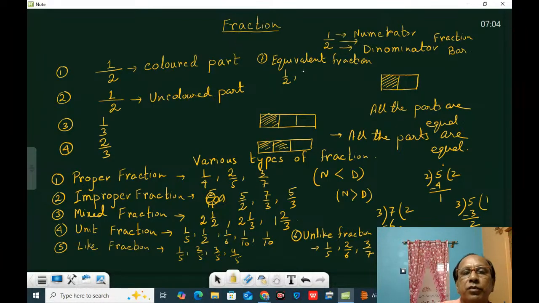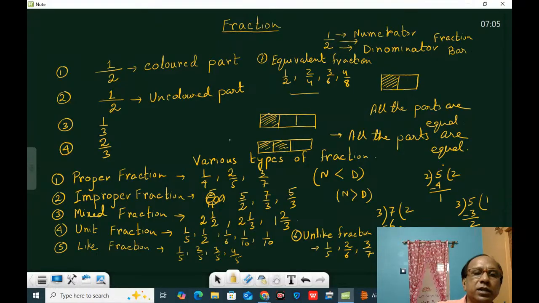Suppose I multiply by 2, we get 2 by 4, or multiply by 3, we get 3 by 6, or by 4, we get 4 by 8. These are equivalent fractions, because if I simplify them, we get the value 1 by 2. Besides these different types of fractions, we also learn how to add and subtract fractions. This is what we call fractions.